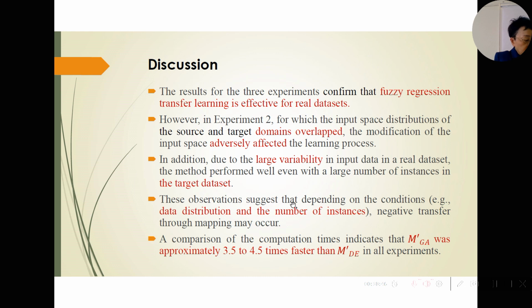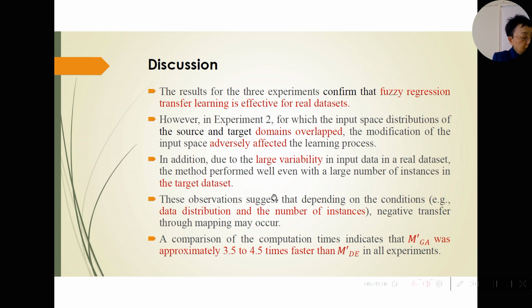Discussion. The results for the 3 experiments confirmed that fuzzy regression transfer learning is effective for real data sets. However, in experiment 2, for which the input space distributions of the source and target domains overlapped, the modification of the input space adversely affected the learning process.